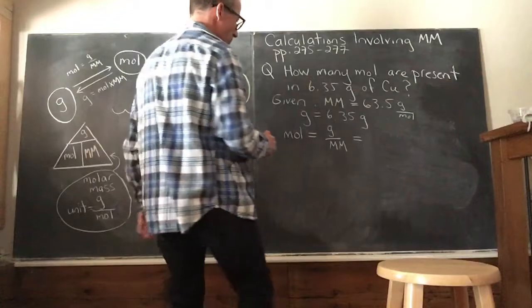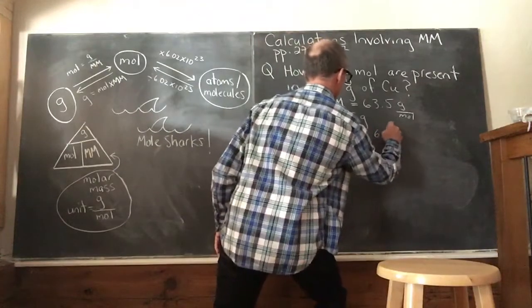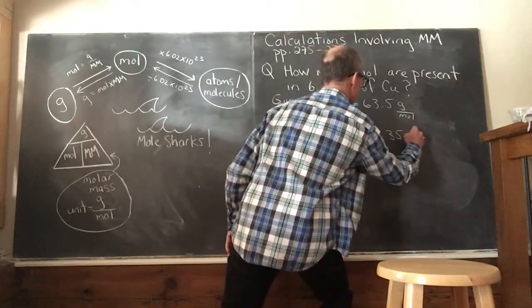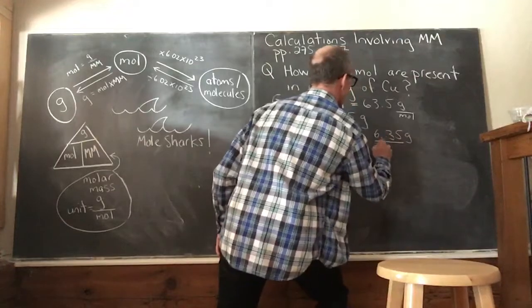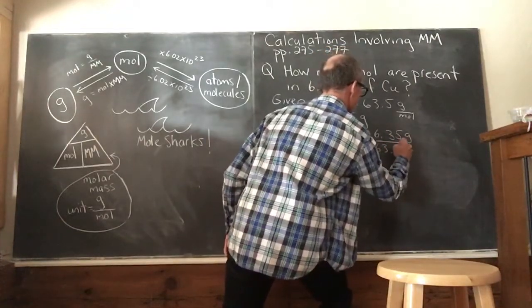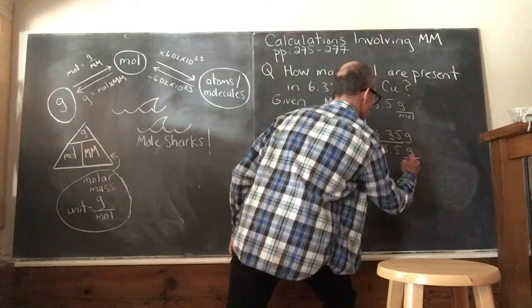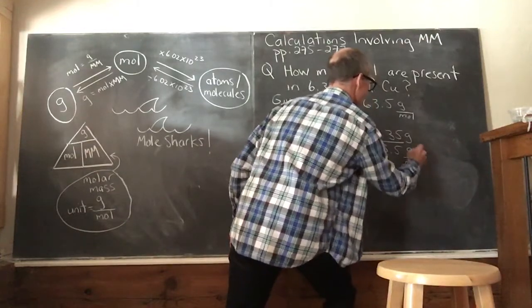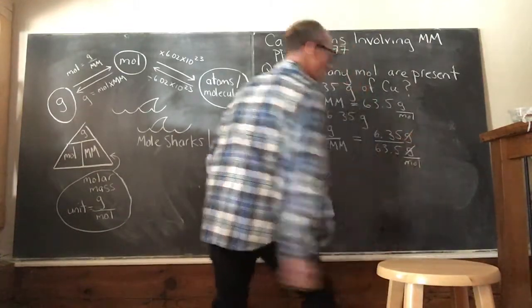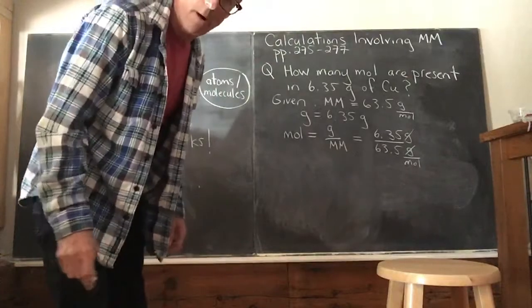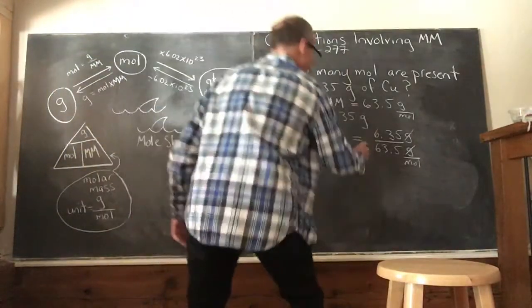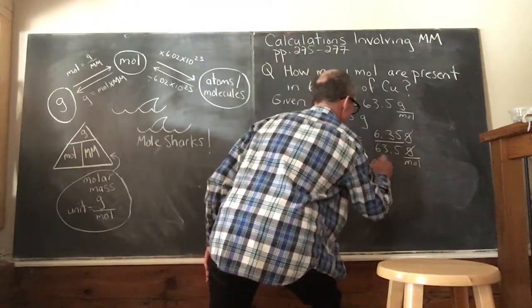And we plug in our numbers. So there we go, 6.35 grams divided by 63.5 grams for every mole of copper. Remember to cancel out your units. So grams go bye-bye.